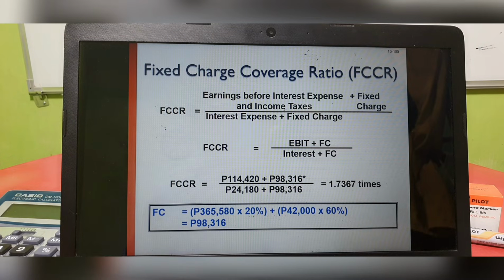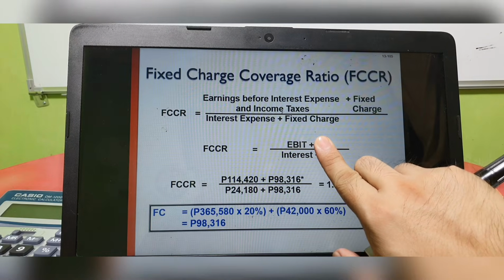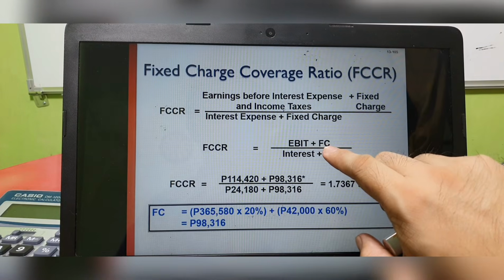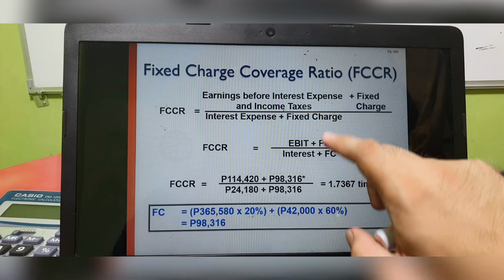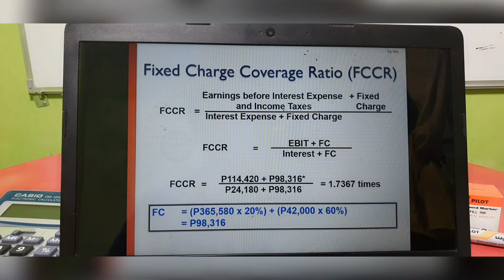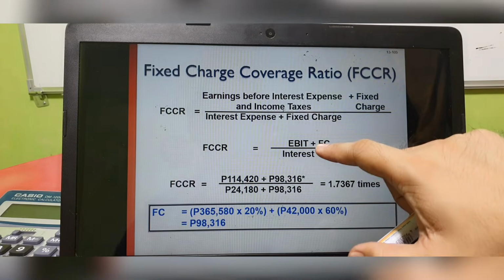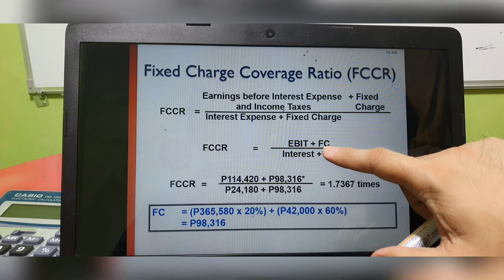Alright. Fixed charge coverage ratio. Kung mapapansin mo, para lang din sometimes interest earned ratio, EBIT over interest. Pero we are trying to determine if we are capable of paying all the fixed charges. Kaya ang ginagawa natin, ano ba pambayad natin ng fixed charge? So mula EBIT, aakyat tayo sa income statement natin, add back natin yung fixed cost natin.